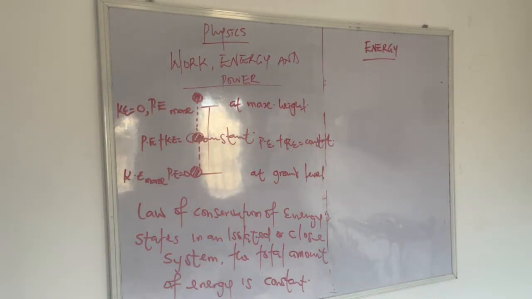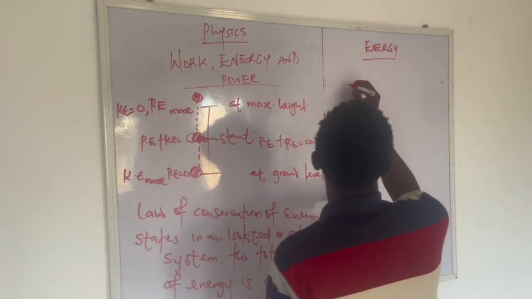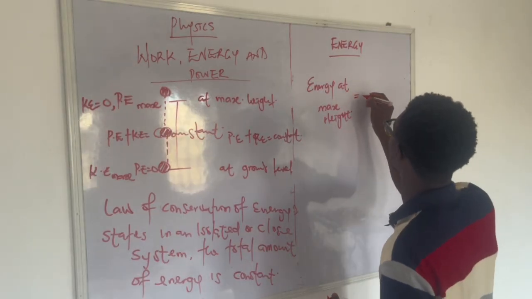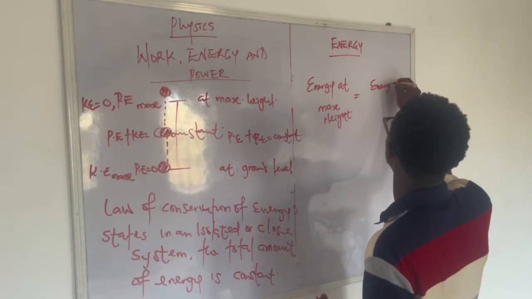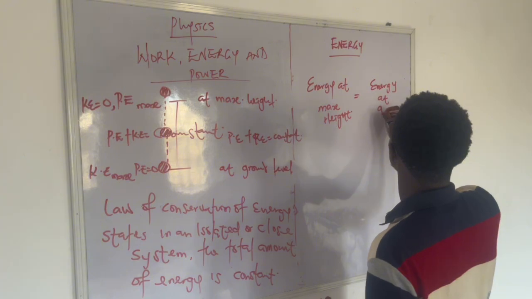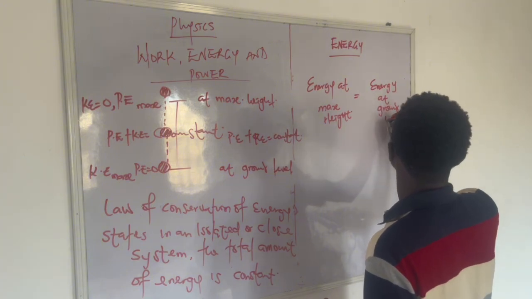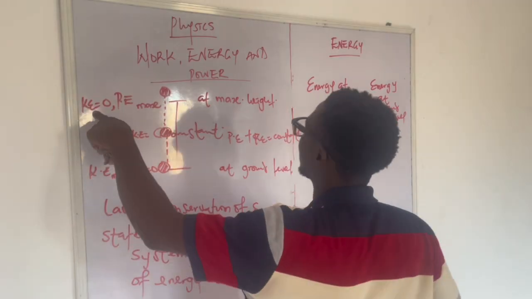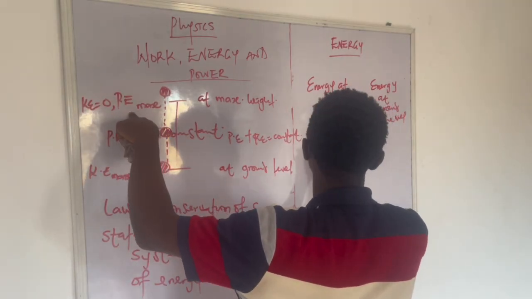So now we can say energy at maximum height equals energy at ground level, which means that KE is 0 and PE is maximum.